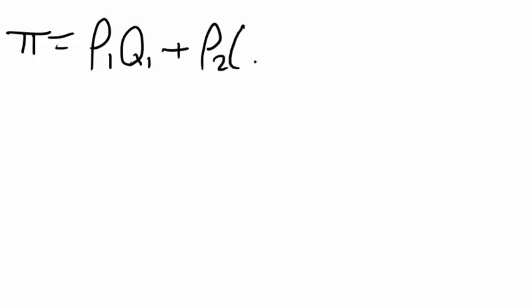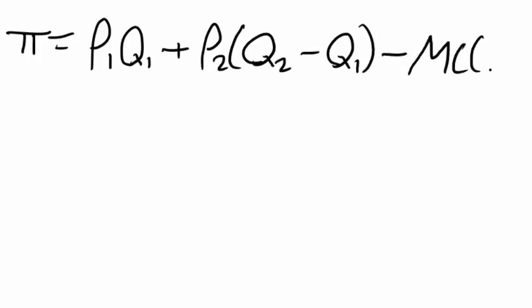Last but not least, we can find our profit, and if we look back at our original profit function of P1 times Q1 plus P2 times the quantity Q2 minus Q1, and then subtracting out marginal cost times Q2.